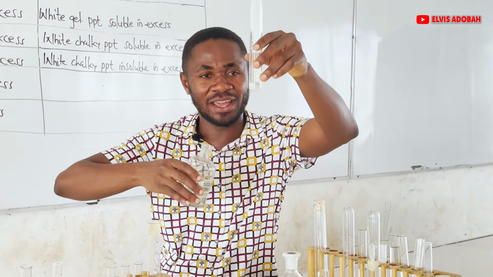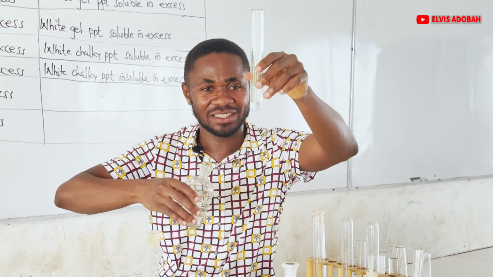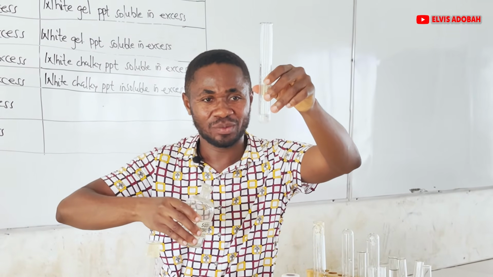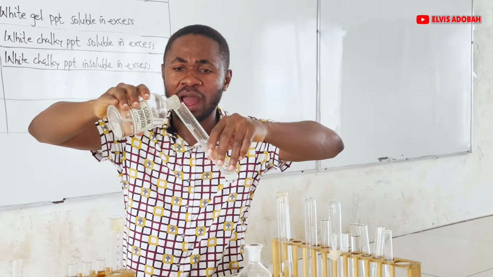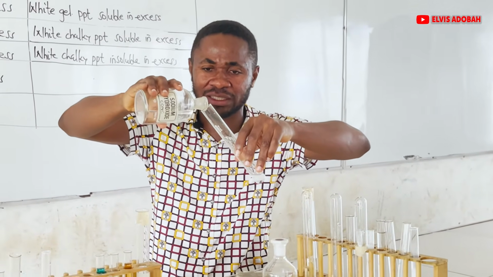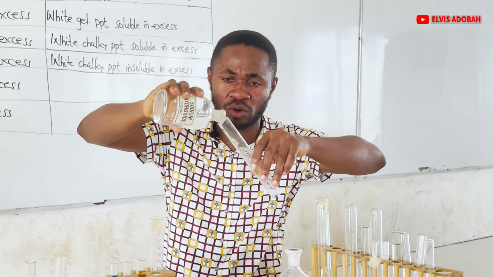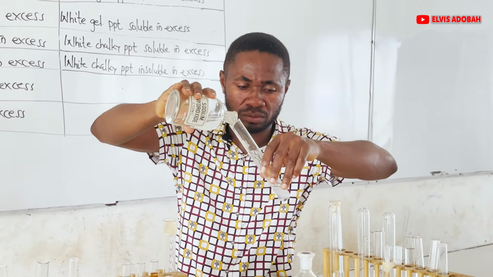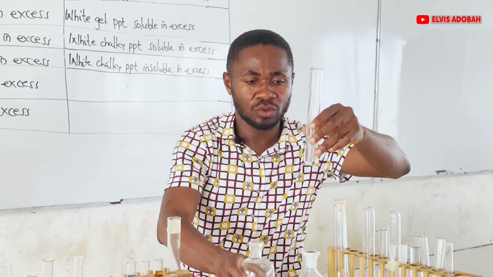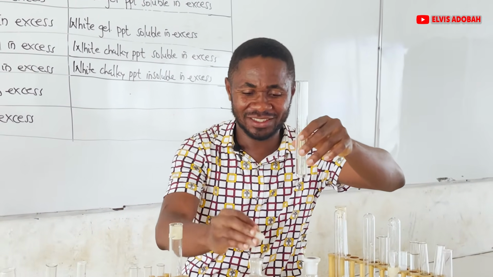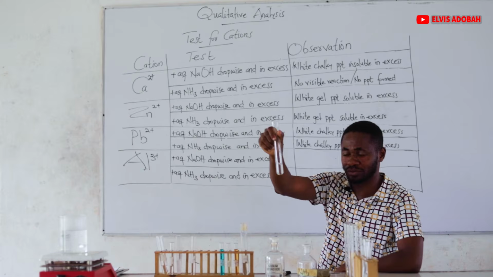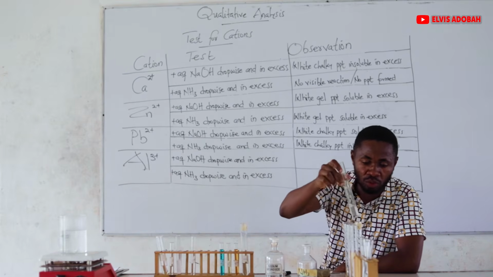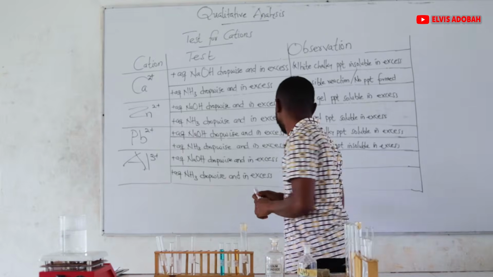We are forming a white gelatinous precipitate, just like the cotton particles that are found in water. Then let's try adding our sodium hydroxide in excess to see whether the precipitate will dissolve or not. What is happening to the precipitate? As you can see, it has dissolved. So we will put down our results.